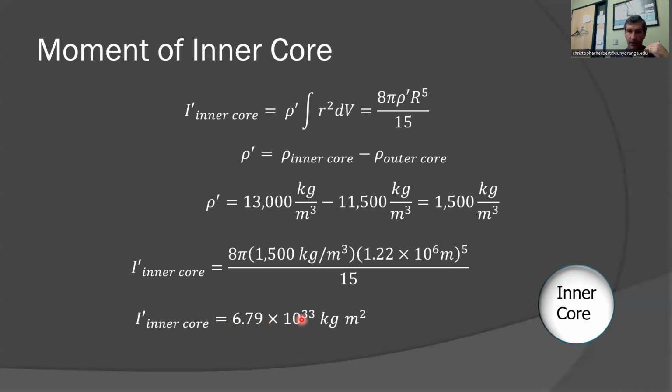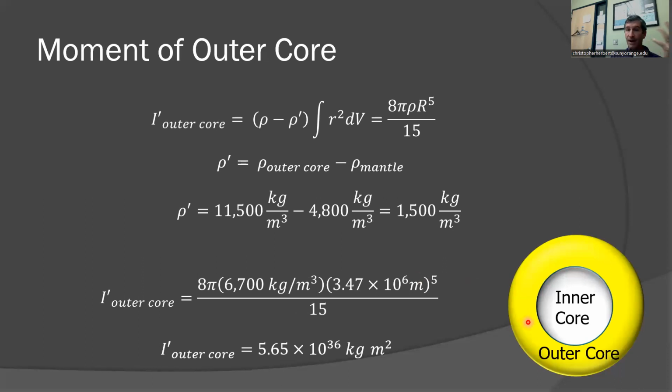So this is the excess contribution of the inner core over the outer core and the mantle. Here's now the contribution of the outer core over the mantle. Okay, the outer core is also denser. Okay, this should be 6,700. I do get it right down here.